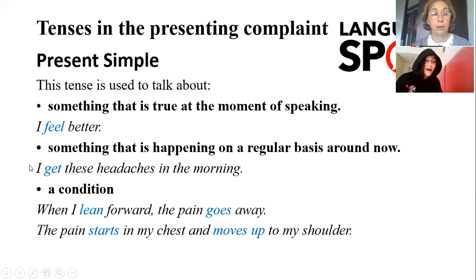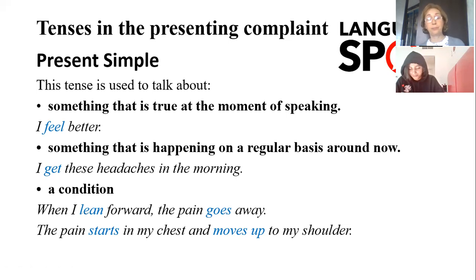Something that is happening on a regular basis around now, like in the example, I get these headaches in the morning, regularly every morning. That is why get is used in the simple form. A condition: when I lean forward, the pain goes away. Or, the pain starts in my chest and moves up to my shoulder.